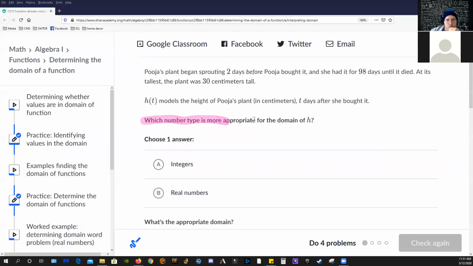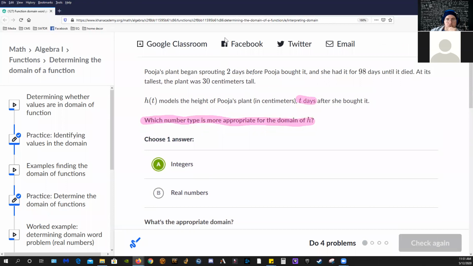Which number type is more appropriate for the domain of H? The question had to do with days. I think since we're counting in days, I'm going to go with integers. I don't need decimals or fractions, so we're counting days here.